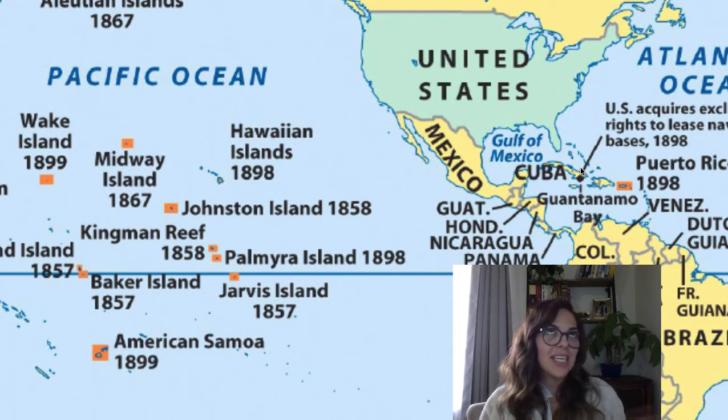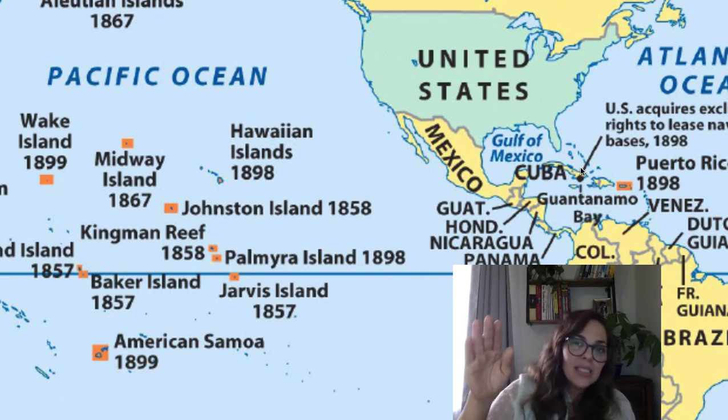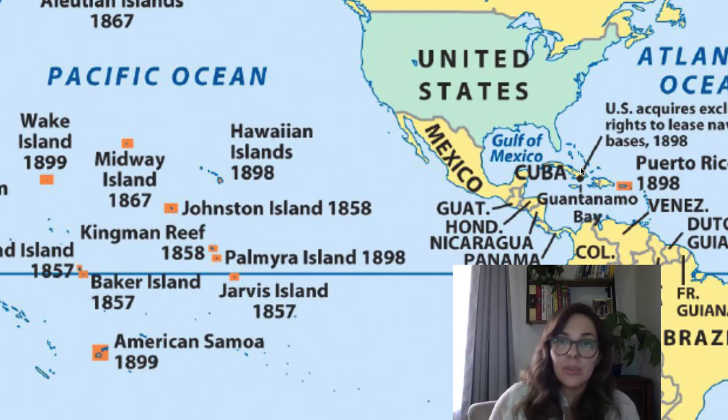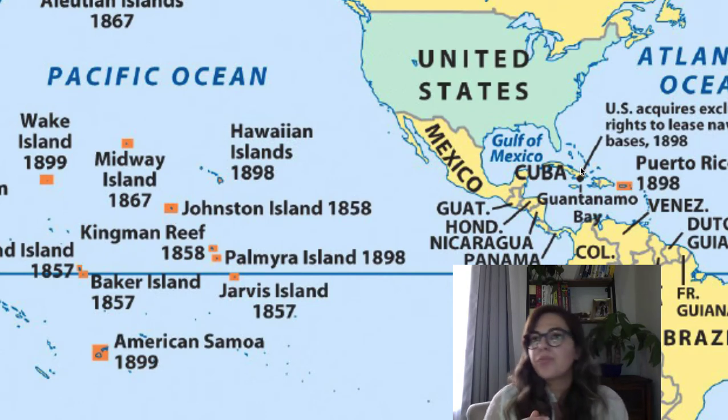Okay, there, I said it the most political way that I can. But also, we have American businesses located there that the U.S. needs to protect. And so the Teller Amendment is going to do that, right?